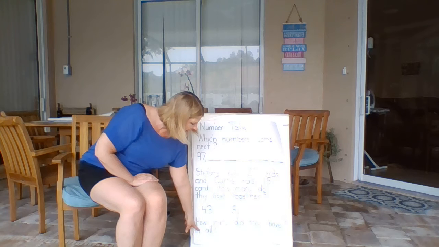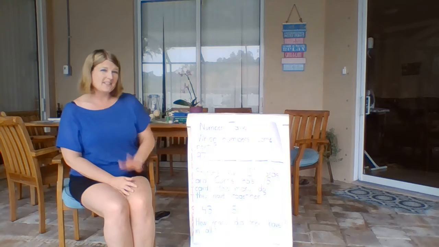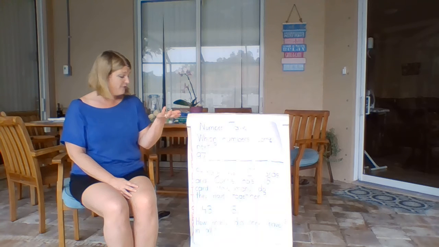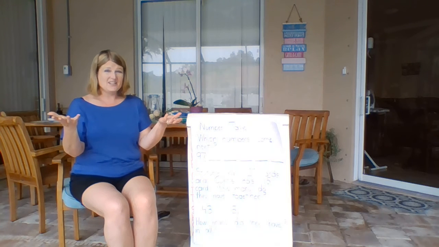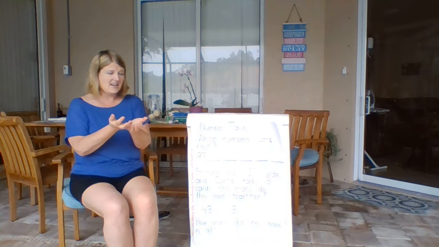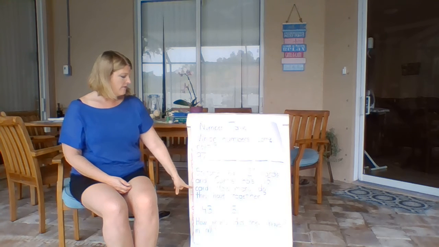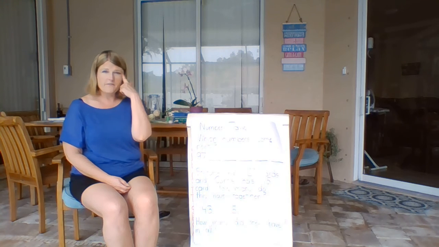How many did they have in all? So what is the question asking us? How many is that in all? So if we have 43 and we have 51, how many is that in all? Okay, visualize that one. 43, 51. How many do they have in all? Think in your mind, how are you going to solve it?